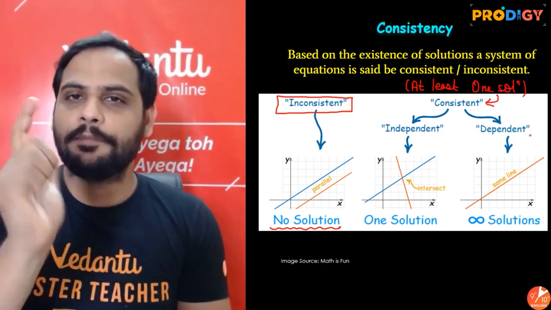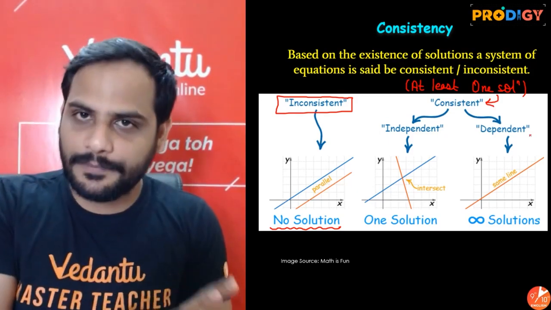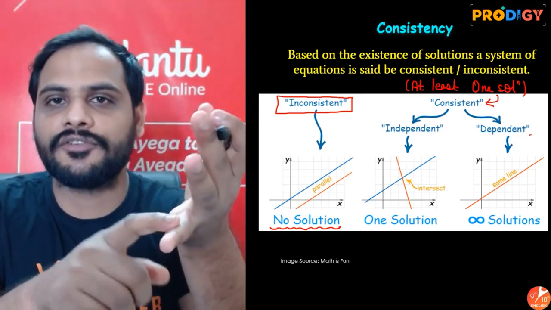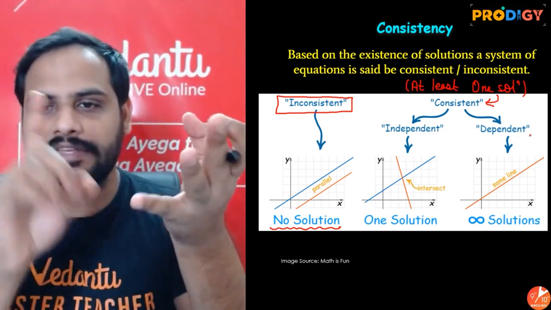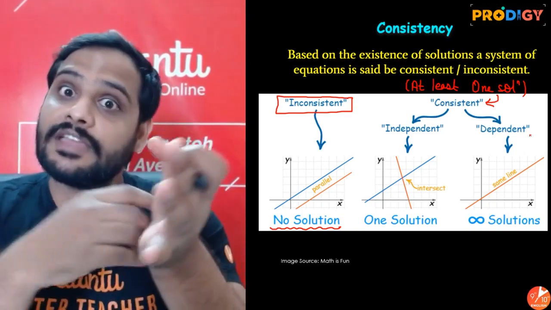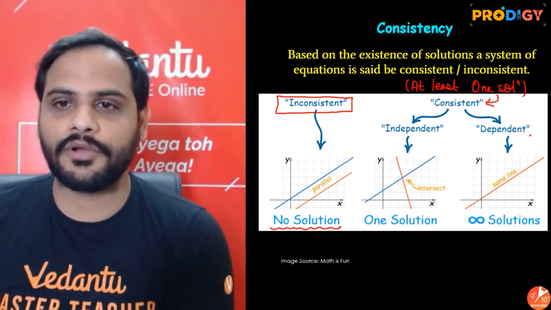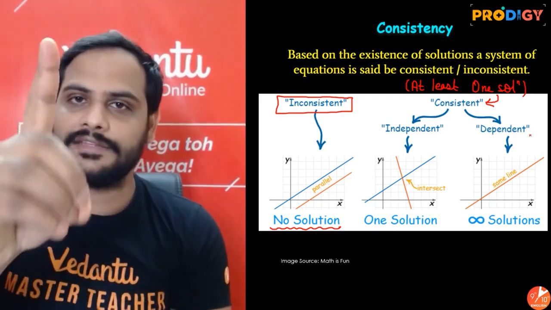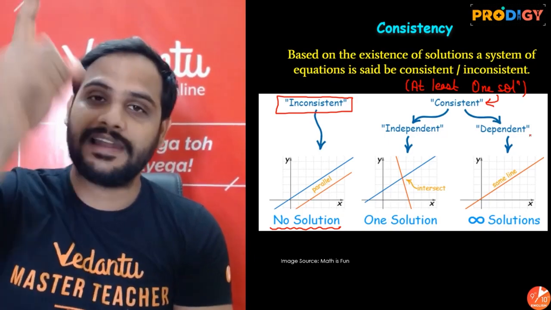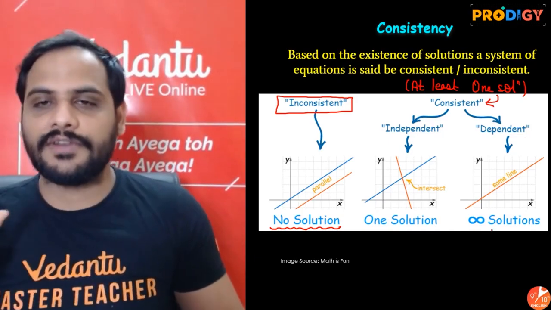So parallel lines have no solution, so that is an inconsistent pair. In case of intersecting lines we have one solution, and in case of coincident lines we have infinite solutions. So both come under consistent pair, because we are getting at least one solution. More than one is fine, but less than one is not allowed.